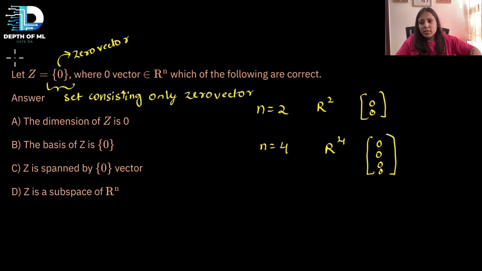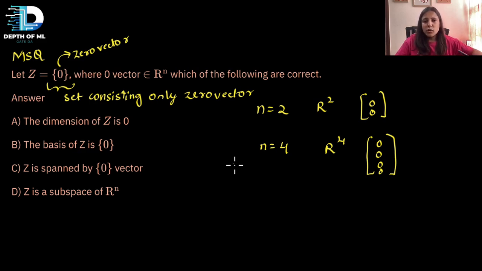So this is an MSQ type question, so there are multiple options that can be correct. I have taken this question because many students make a lot of mistakes in this. They don't understand a lot of things about the 0 vector space. To clarify that, I have taken this question, but otherwise it's a very simple question.